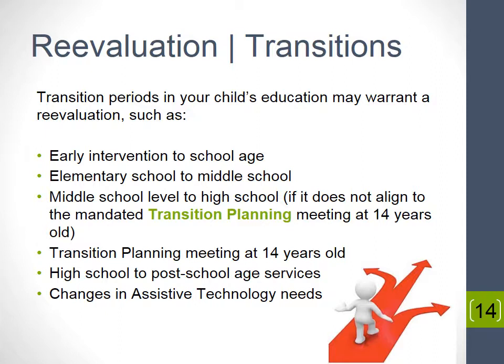A formal reevaluation is one way to gather and share current information. When preparing for a transition, it is particularly important that the team has access to current data and information. A reevaluation may be needed to help the team to create an IEP that is based on present levels of academic and functional skills to best meet the child's needs.